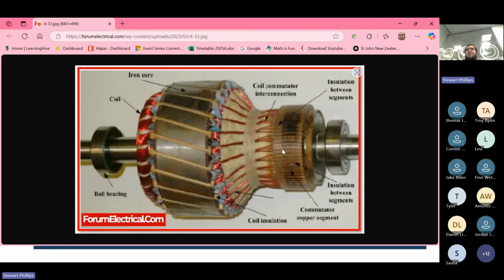So if you were to go from one side of the commutator to the other 180 degrees around this commutator, they would be connected together. So a coil is just a loop of wire that is connected from one end of the commutator to the other. That's what we call a coil.